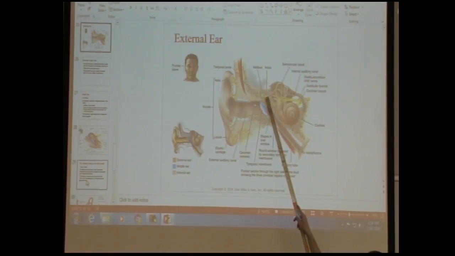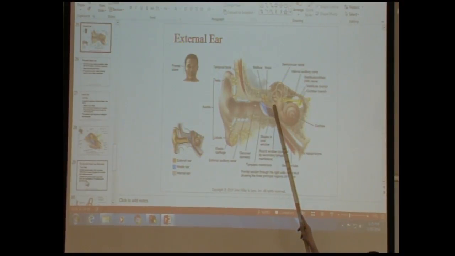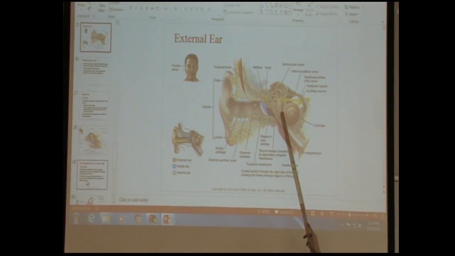Then it goes through a couple bones, and then it goes into the cochlear fluid in there. You don't need to know which they are. Just know that it goes through these 3 bones here.